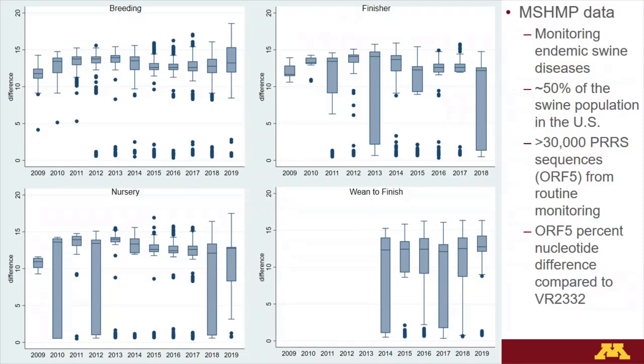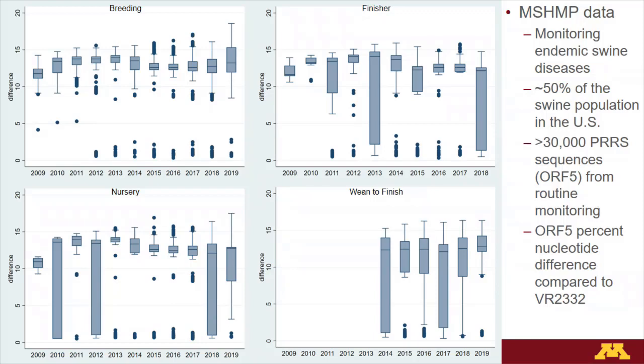I'm working with MSHMP data, the Morrison Swine Health Monitoring Program, which is a nationwide monitoring program for endemic swine diseases, PRRS being one of the main ones. We currently enroll about 50% of the swine population in the US, and all of the systems that participate in our monitoring program voluntarily share all of their R5 PRRS sequences with us from their routine monitoring.